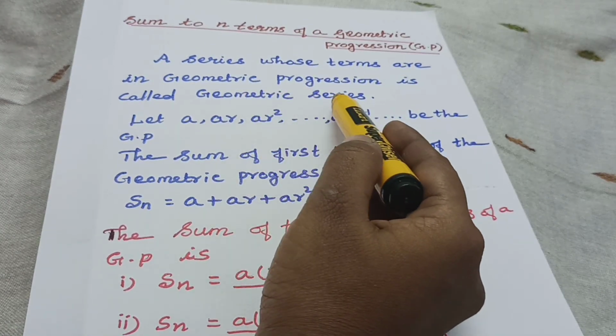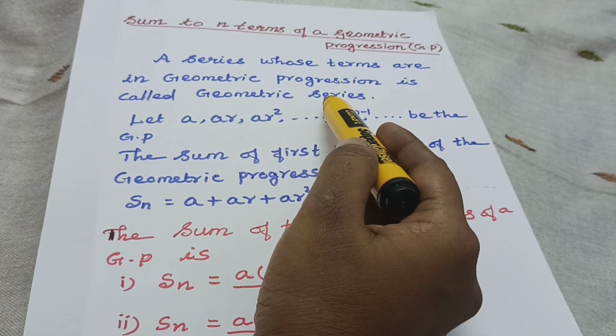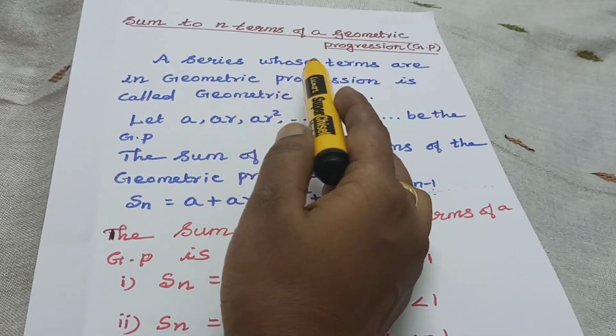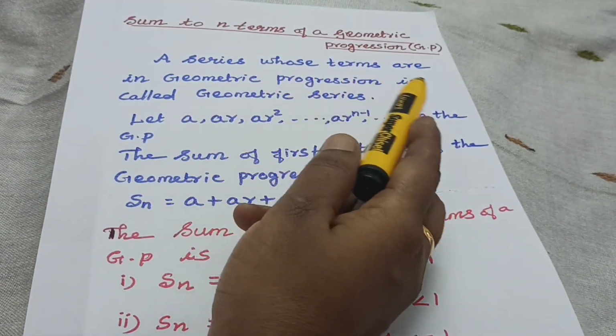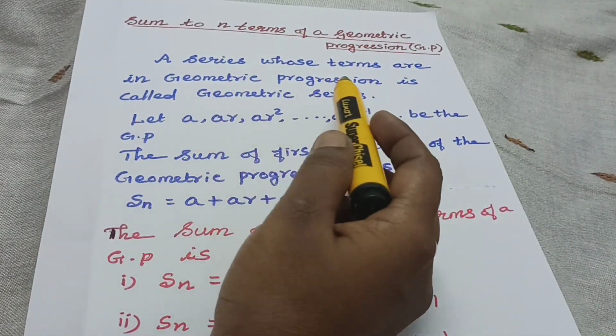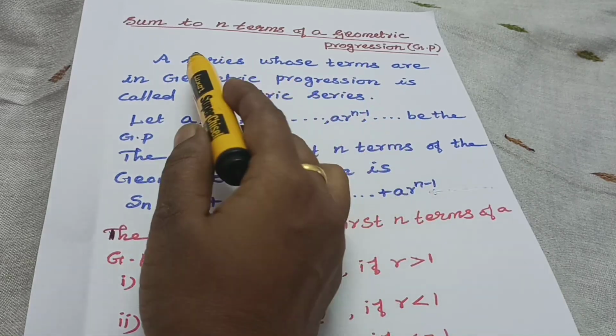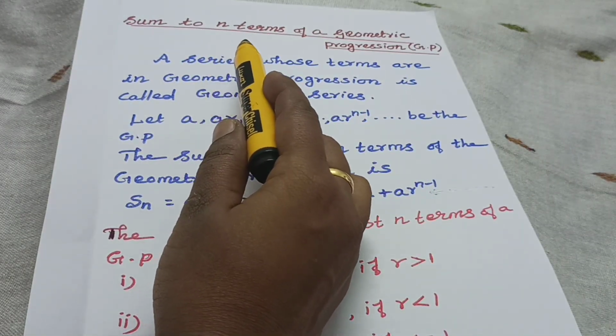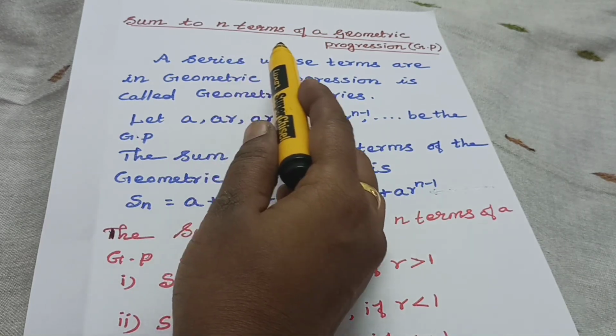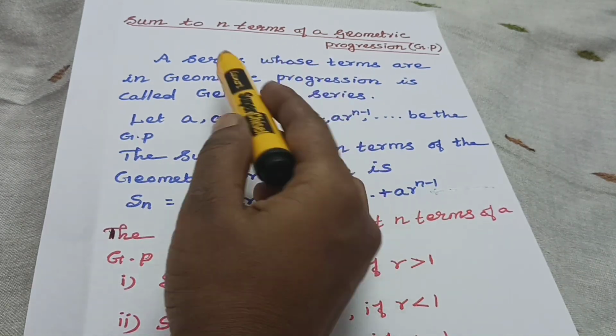What is meant by geometric series? A series whose terms are in geometric progression is called geometric series. What is meant by series? Sum of the terms of a sequence is called the series.